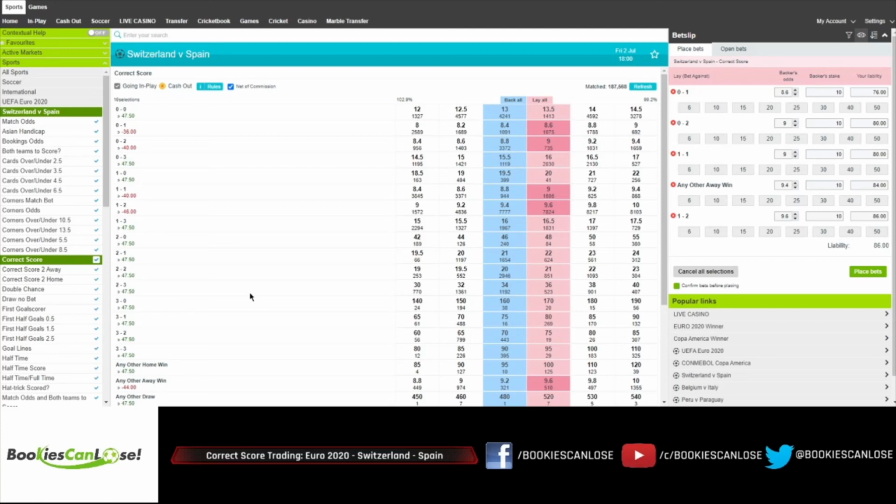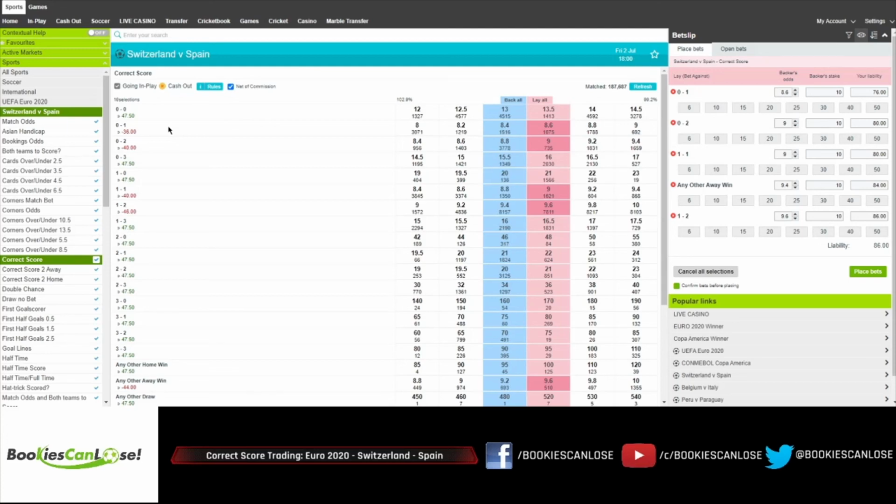And laying these scores, as you can see, 5 scores at a similar odds is giving you around 100% profit if you are correct. Okay, so yeah, so that's that.